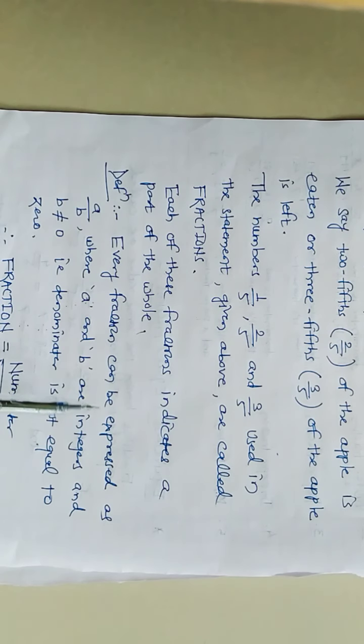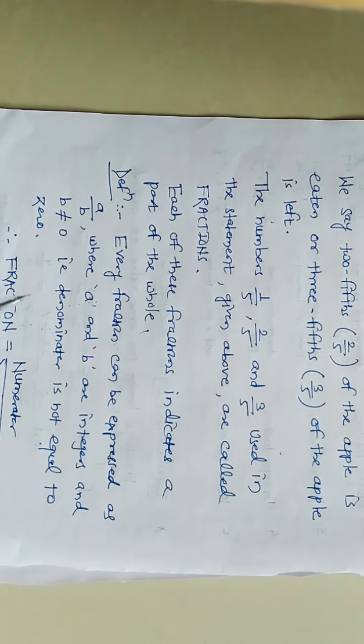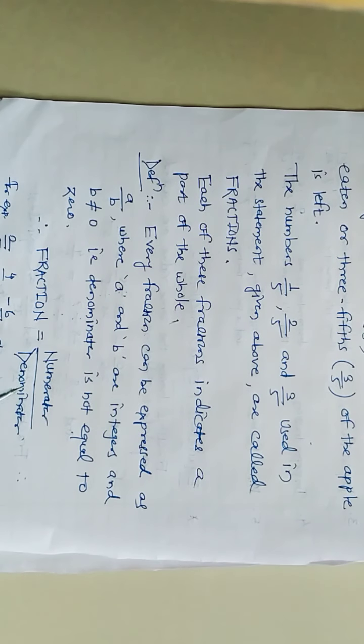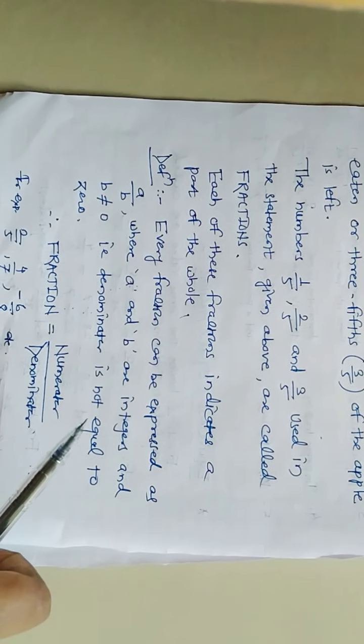Every fraction can be expressed as a/b, where a and b are integers and b is not equal to 0, that is, the denominator is not equal to 0. So a fraction is numerator divided by denominator.